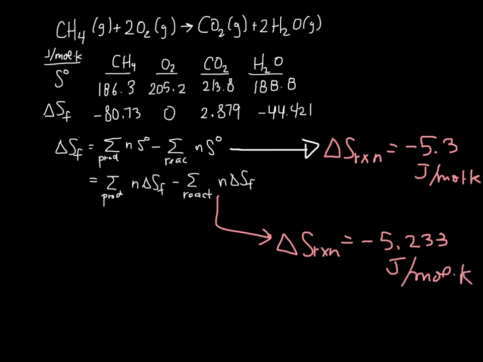And while these numbers are not identical, I did take the values from different tables where you can see that depending on how you were rounding the numbers, you could come up in the end with the same thing. So the two approaches are equivalent, and that is how you can calculate the entropy change associated with a reaction.